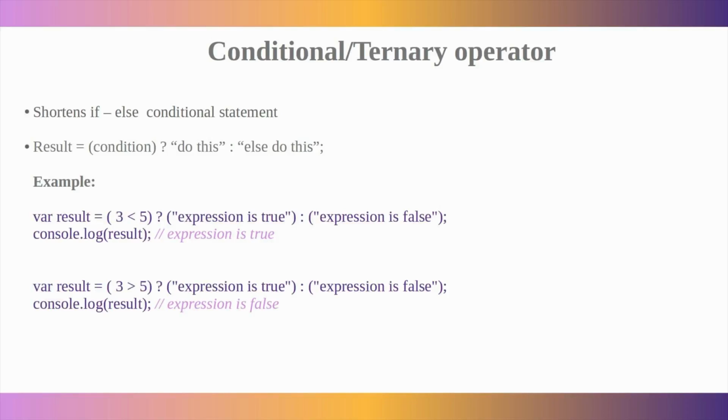And we confirm this by console logging it. And let's reverse this. So what if the condition checks if 3 is greater than 5? Well, since this is false, var result is assigned the value of the second expression, which states the expression is false since 3 is not greater than 5.